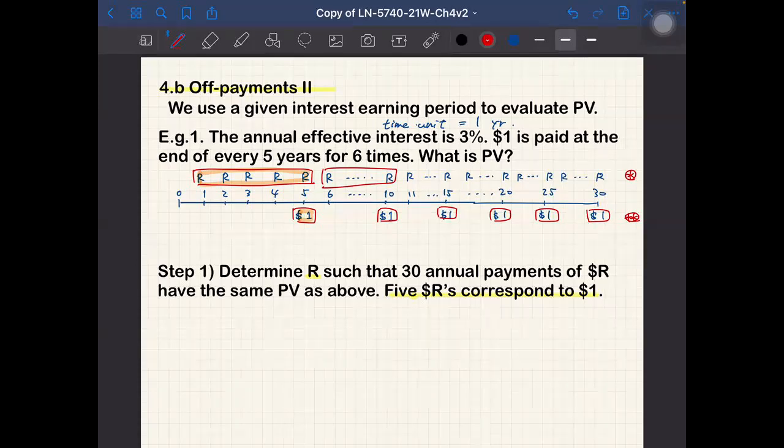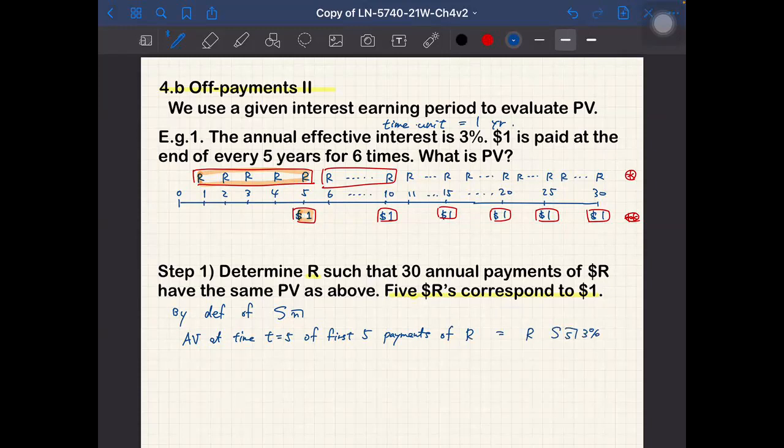By definition of s angle n, we can say that the accumulated value at time 5 of the first 5 payments of R is equal to R times s angle 5 at 3%. Then this is equal to $1.